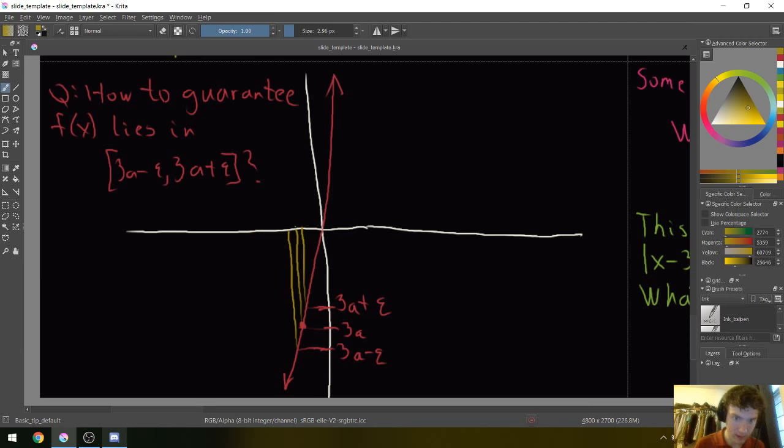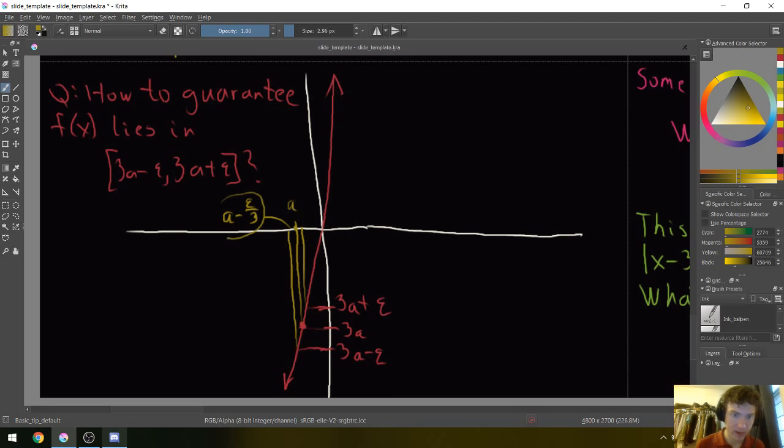So this is the answer to the question, that since we get to choose any constraints on the input to the function we want, if this is a, and we know that if we have a small error, like if we feed into this function something which is not quite a, but it's a minus epsilon over 3, that error gets multiplied.